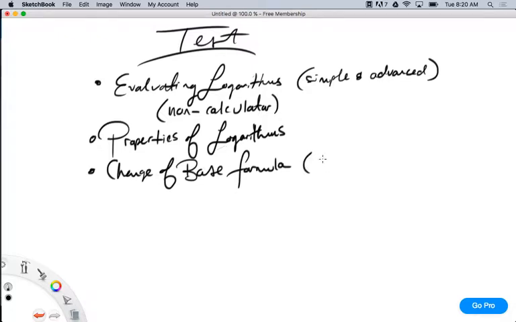This is like evaluating logs in your calculator. There's a part that's specifically on that, evaluating logs in your calculator. And the second part of it is the algebraic stuff. So using the formula algebraically.